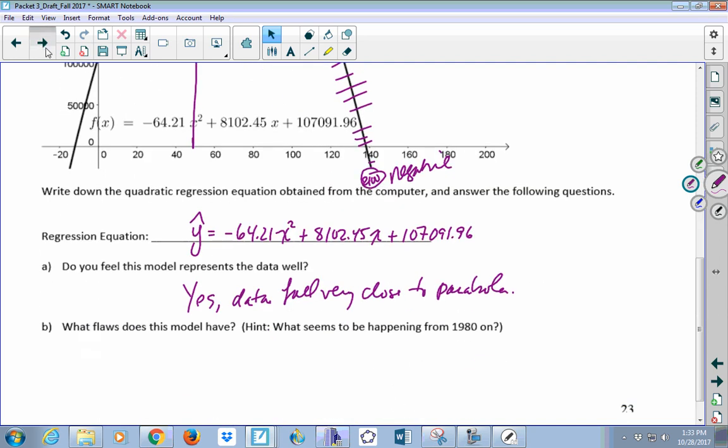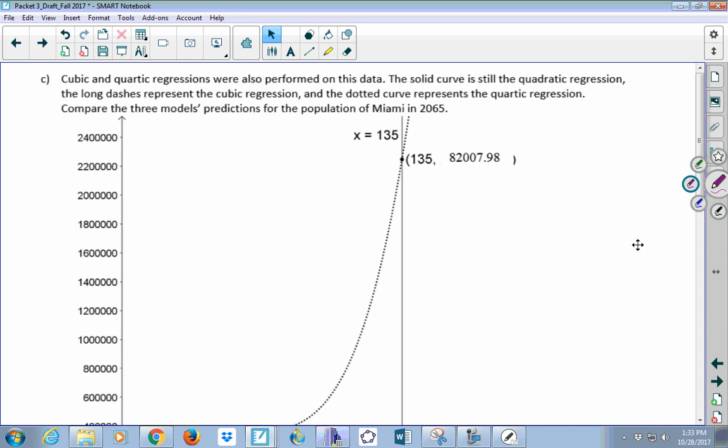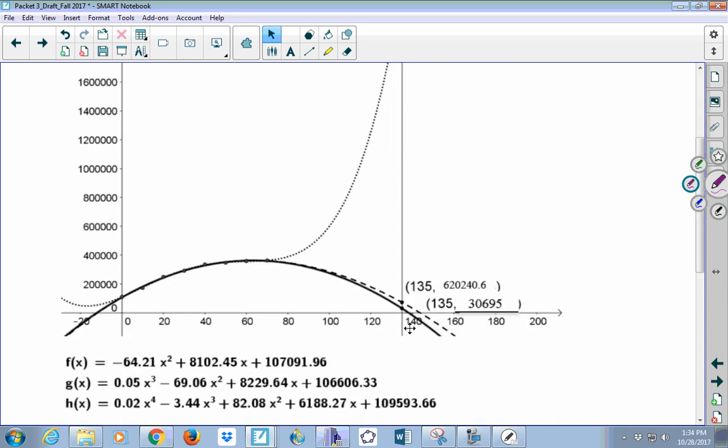So let's take a look at the next page. Now we decided we would try some other models other than the quadratic model, since that didn't make much sense. So we tried a cubic model and a quartic regression. The solid curve is still the quadratic regression, this solid curve right here.